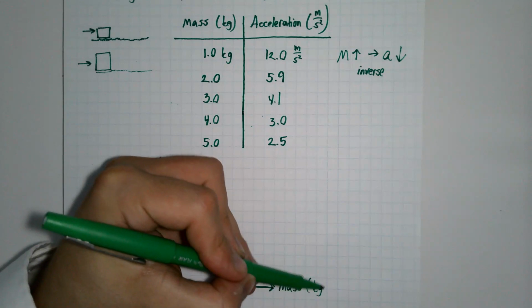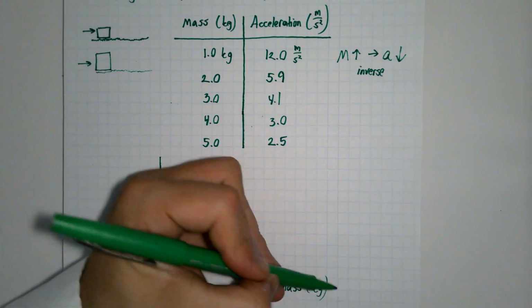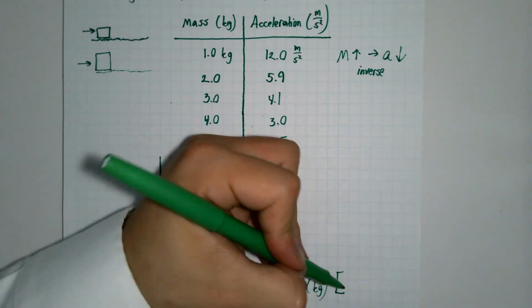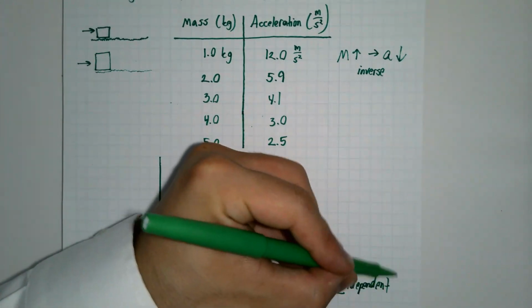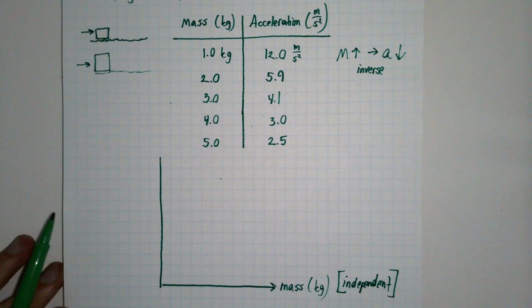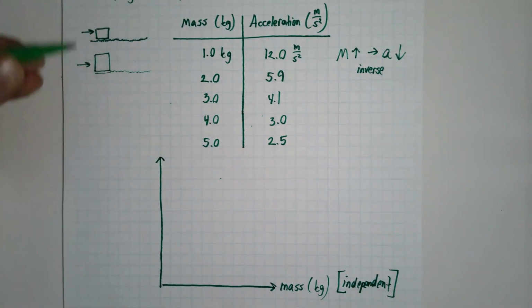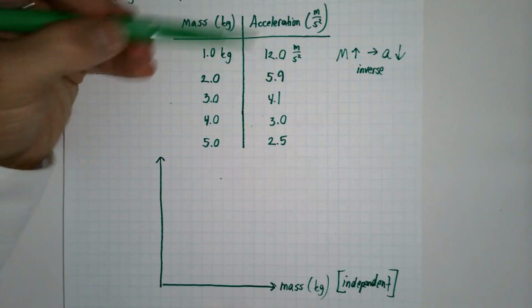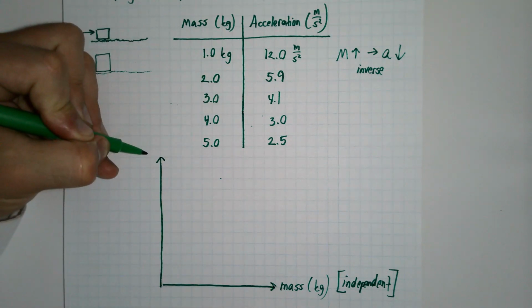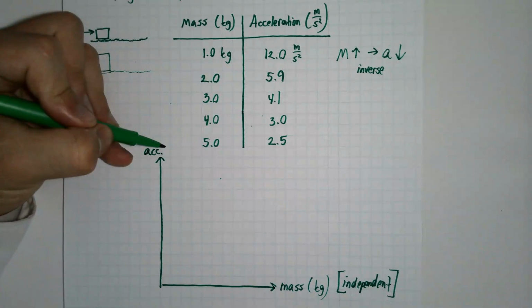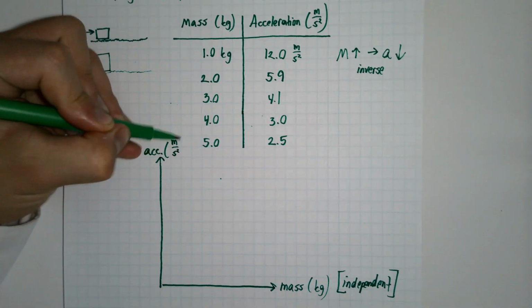In kilograms. My dependent variable, right, so I can even write that here. Here's my independent variable. This is my independent variable. My dependent variable is up here, and that is what's responding or depending upon the fact that this variable is changing. That's my acceleration. I'm just going to put ACC, and that's measured in meters per second squared.